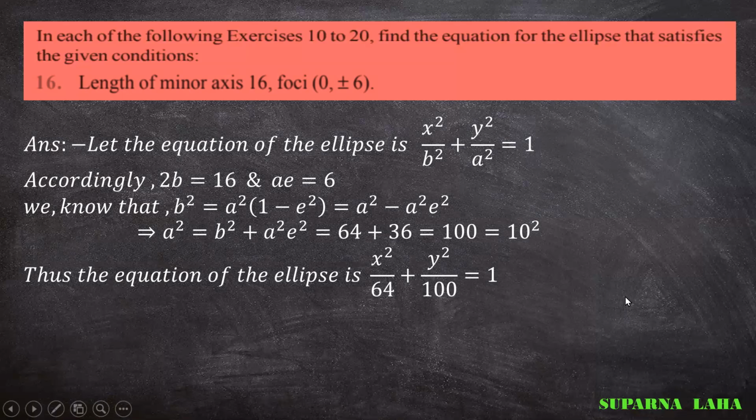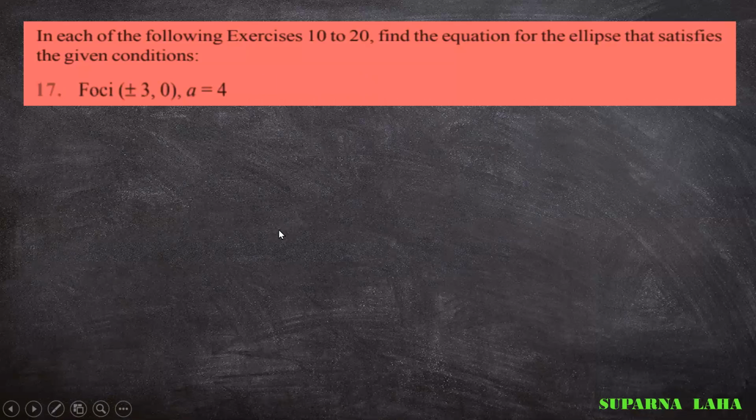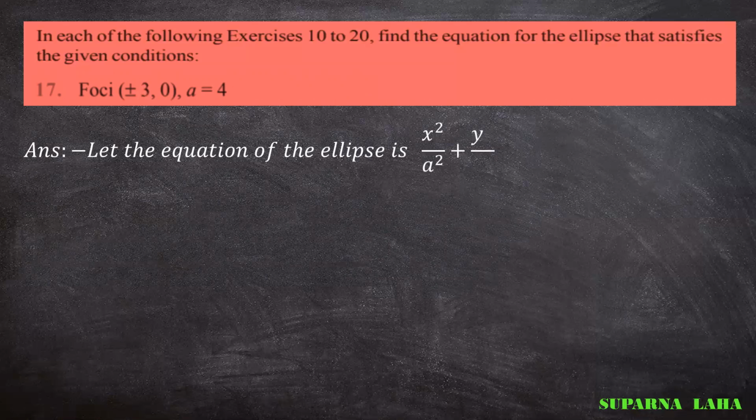Now moving to the next question, question number 17. The foci are given and a is given as 4. Look at the foci. The points are on the x-axis, so the major axis is the x-axis. Hence the general equation we can consider is x square by a square plus y square by b square equals 1.